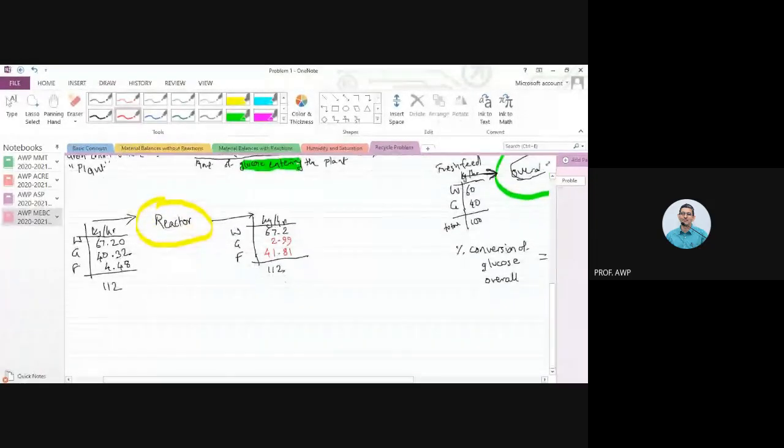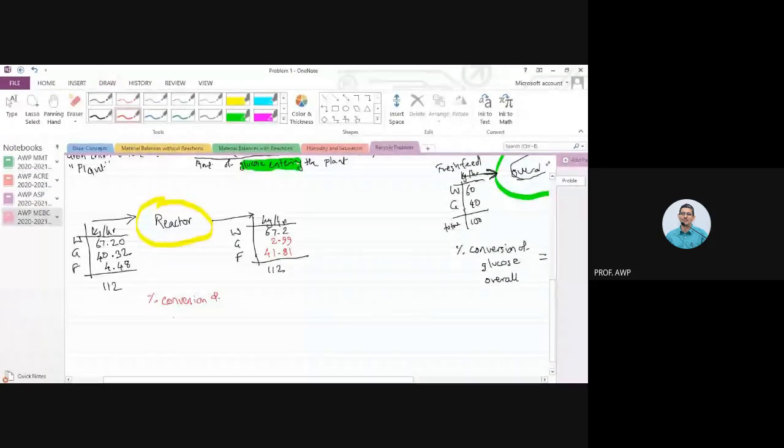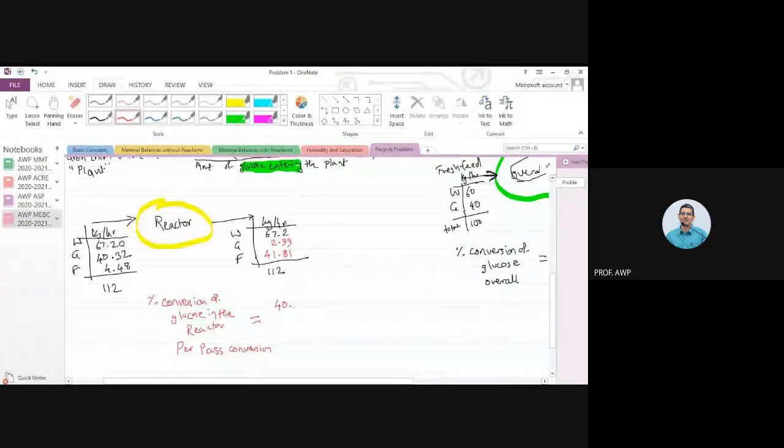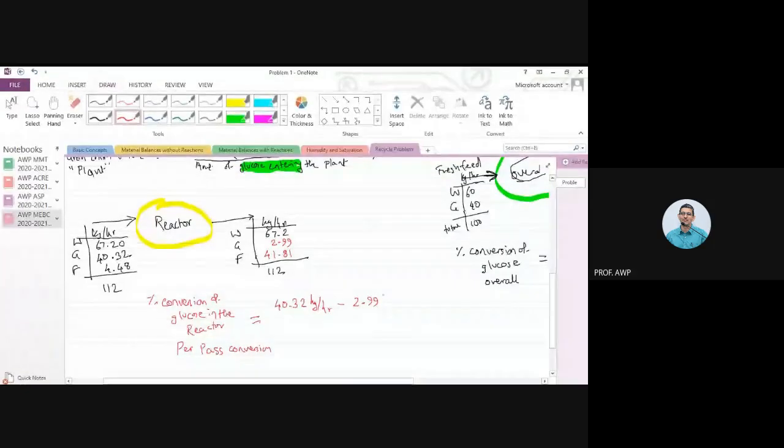So if you want percent conversion in the reactor, which we call per pass conversion, what comes in? 40.32 kg per hour comes in, minus what goes out, 2.99 kg per hour goes out.